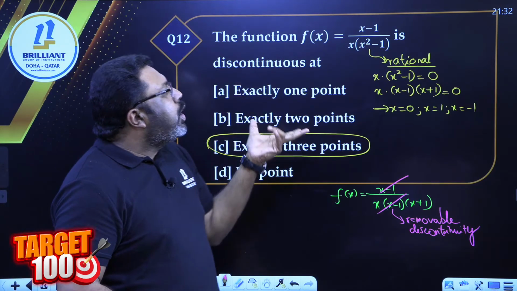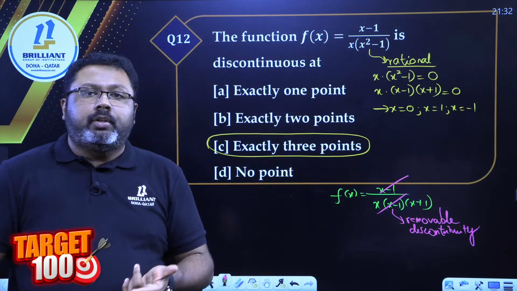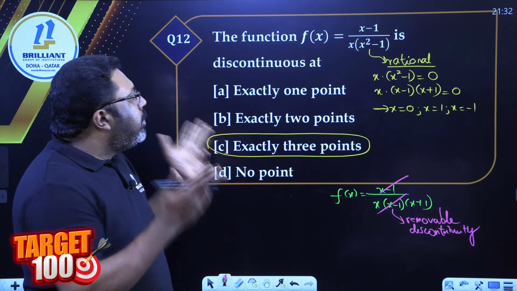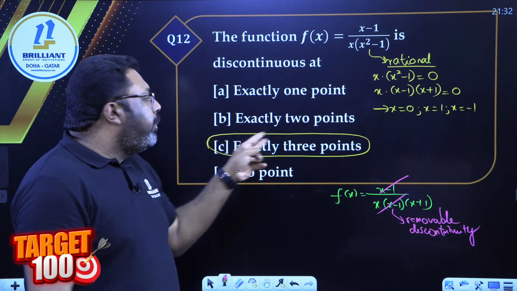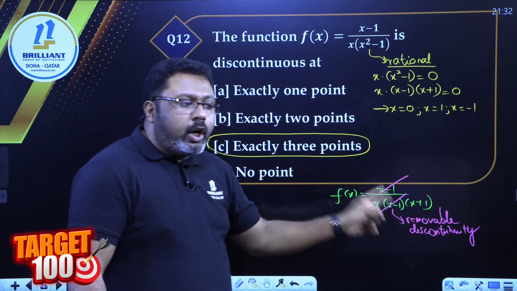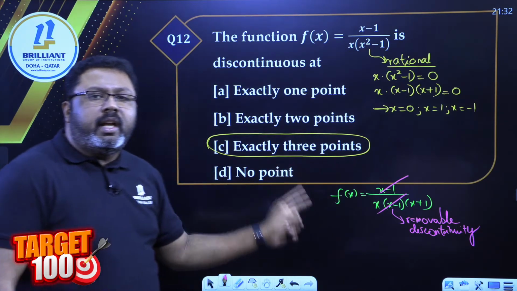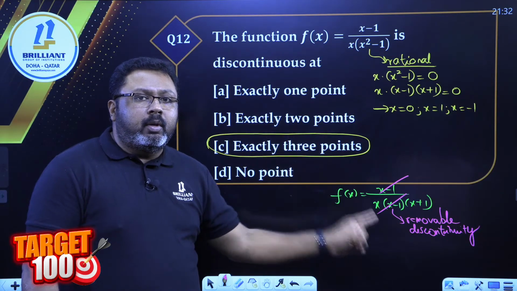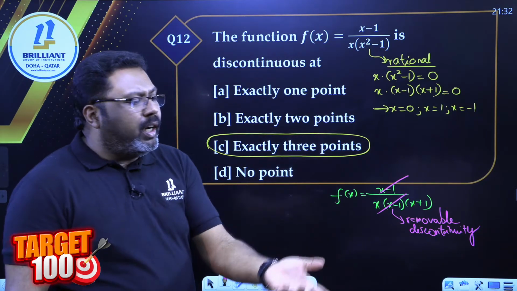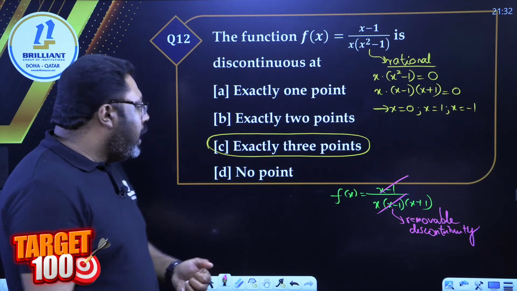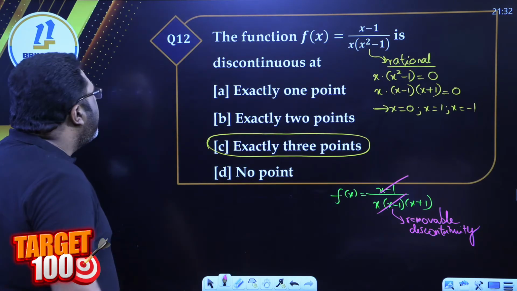They never asked you what is the number of irremovable discontinuities. No, they asked you what is the number of discontinuities. There are 3 points. Don't factorize. I hope everybody is clear. Factorization is only done for irremovable and removable discontinuities, and that usually doesn't come for you. Don't worry. Okay, fine. Moving on.